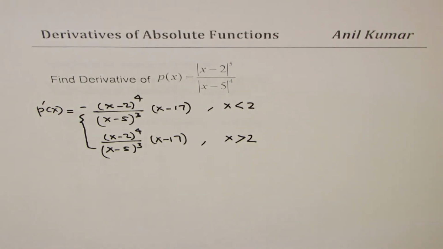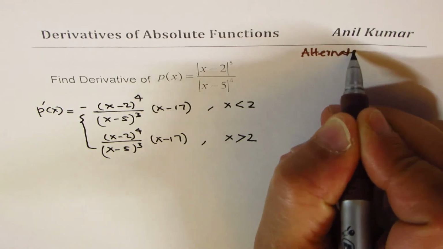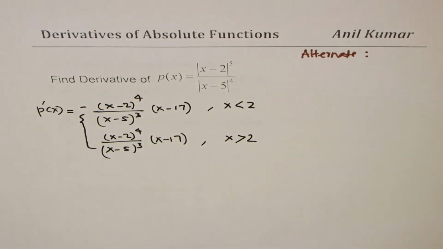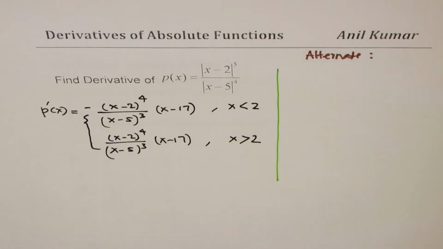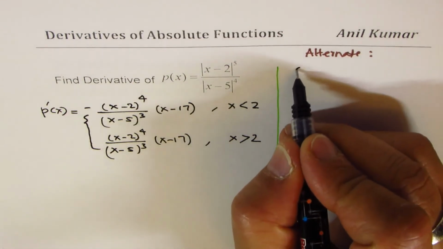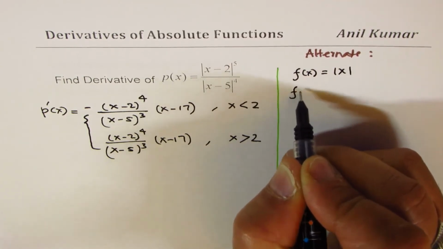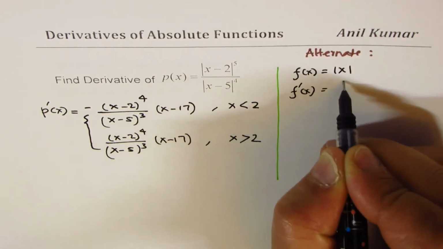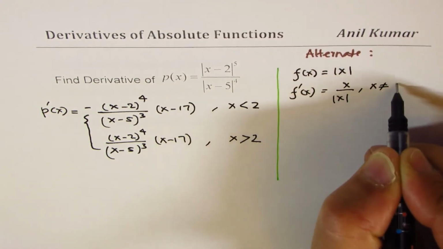Now there could be an alternate approach to this solution, right? So let me mention here the alternate approach. The alternate approach can be that if we have a function f of x equals the absolute value of x, then the derivative of this function is x over absolute x, where x is not equal to 0.